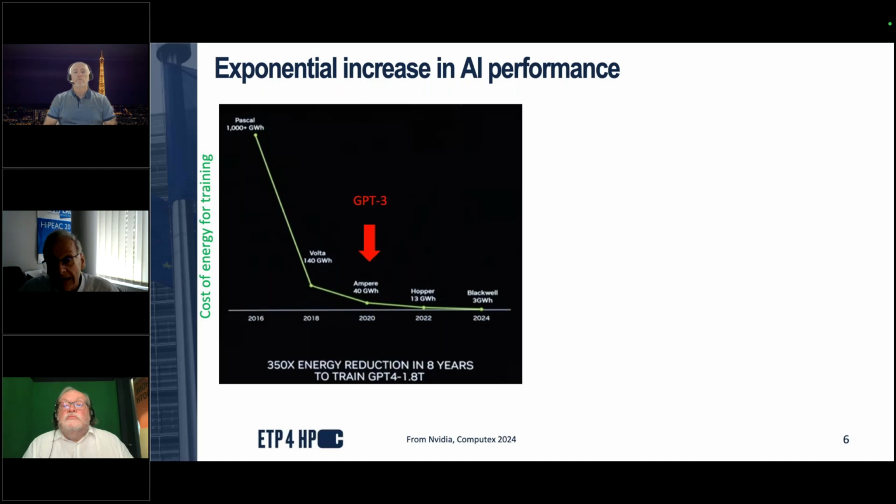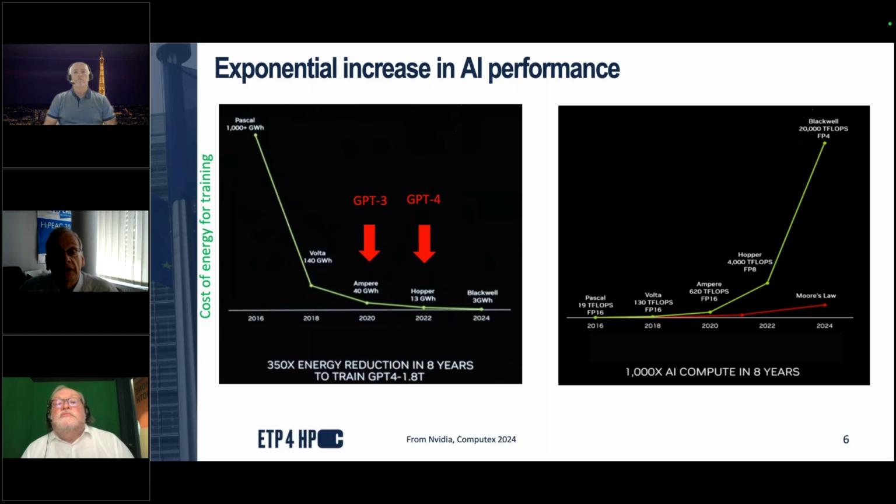It was only in 2020, with the progress in energy efficiency of the GPU, that GPT-3 was able to be released. And we see a strong correlation between the generation of these large language models and the generation of GPU. So it's very important. And this is only energy efficiency, so that's basically 350 times in 8 years. But in raw performance, this is also nearly 1,000 times in 8 years.